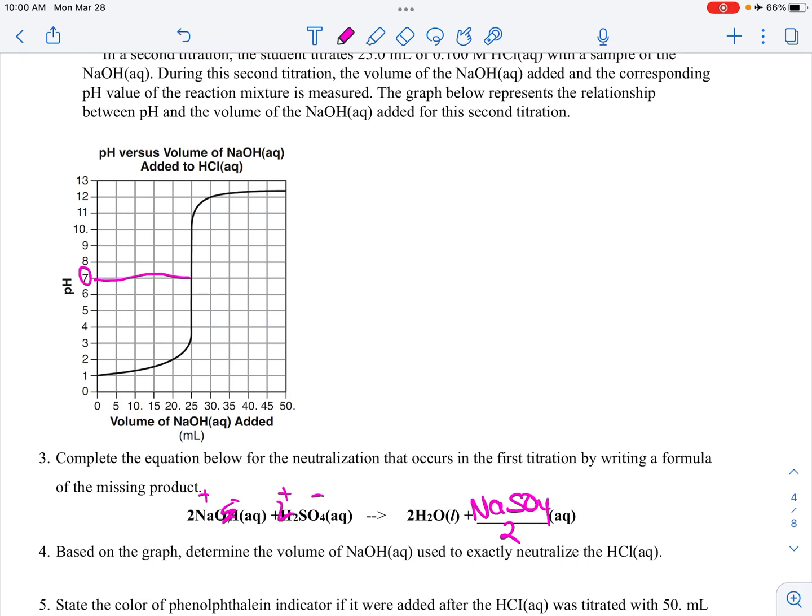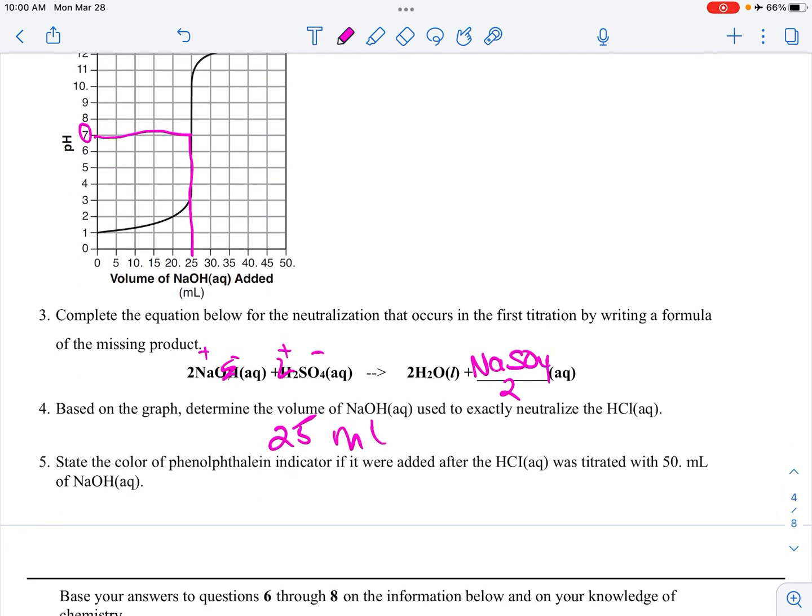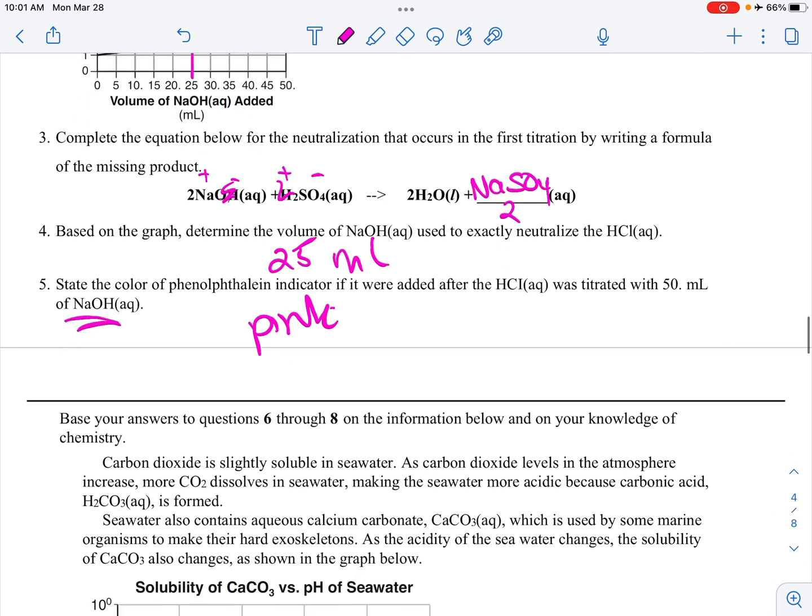So come over here. Come down. 25 looks good. The answer key says 24 through 26, but I don't see how it could be anything besides 25. State the color of phenolphthalein indicator if it was added after the HCl was titrated. So you're adding NaOH, so the phenolphthalein is going to turn pink. It would be colorless in acid, but we're adding base. Okay, here we go.